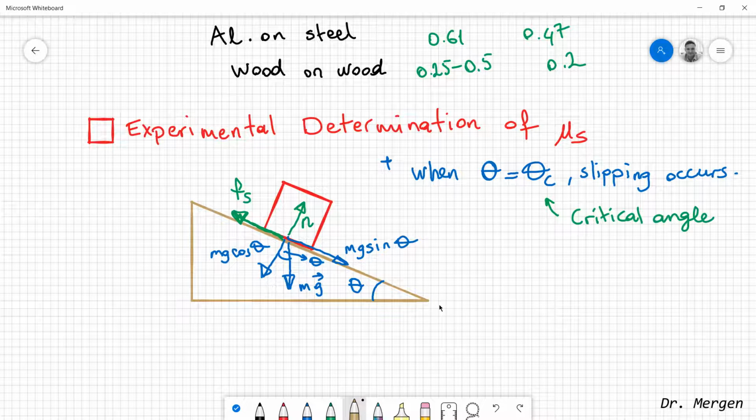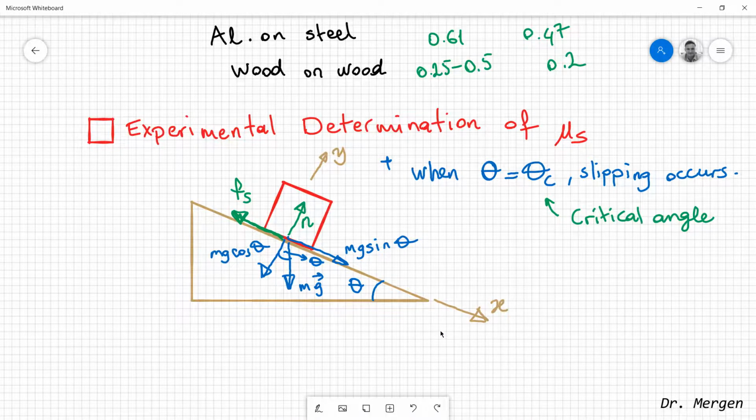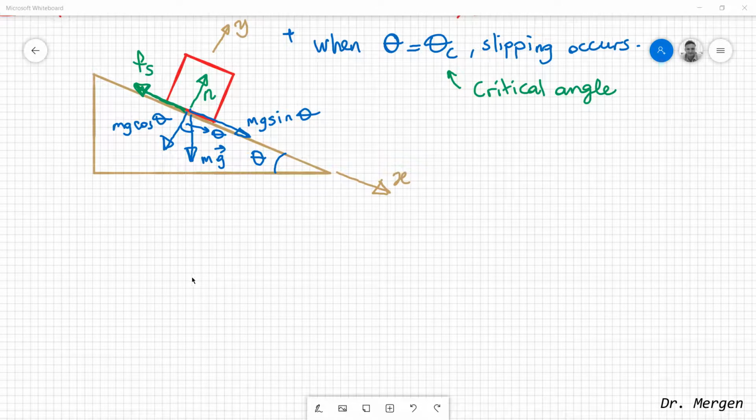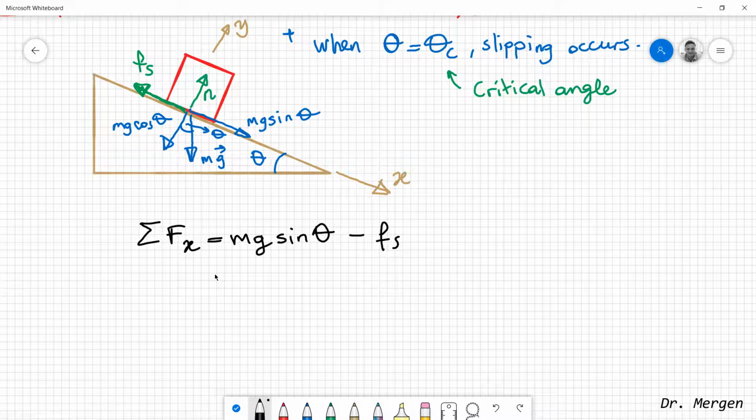To analyze this problem, let's position our coordinate system as shown in the figure. After defining the coordinate system, we can write our force balance equations. In the x direction, we have two components.